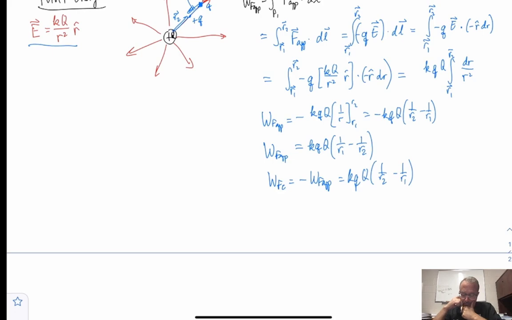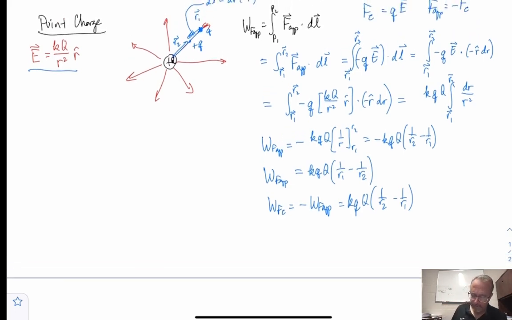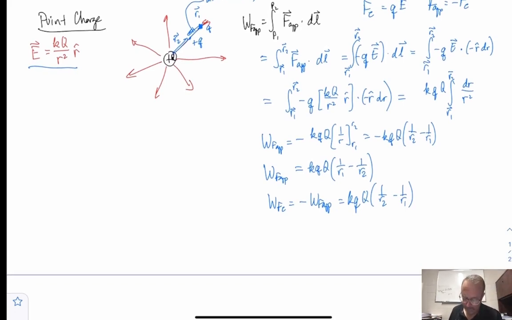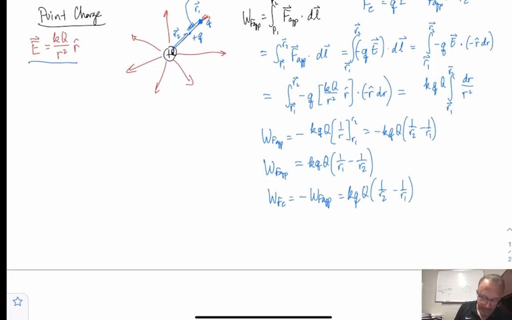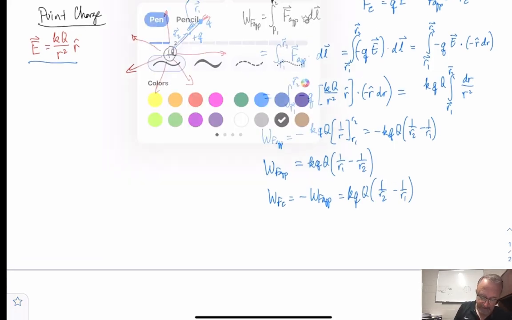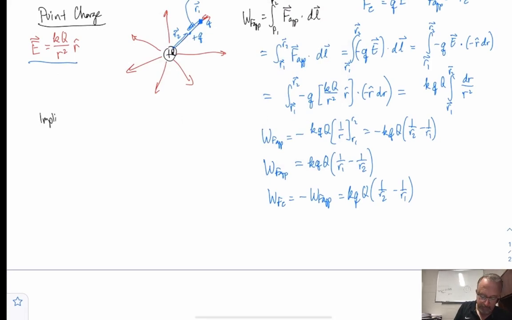And so that's pretty interesting. There's another implication of calculating the work like this. Let me just put this in a sidebar here. This is a pretty important implication, but let's spell it out.